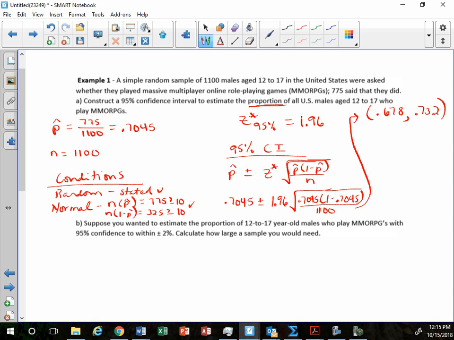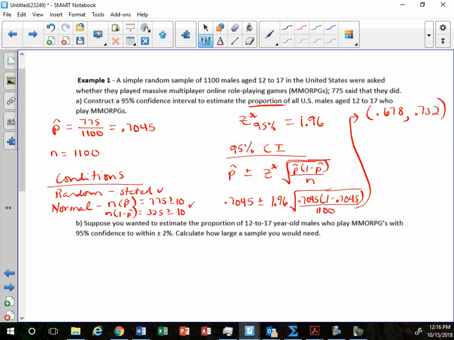I think that's actually, I'll change mine up there. I think most of you guys get 0.731 instead of 0.732. It's always the smaller one.